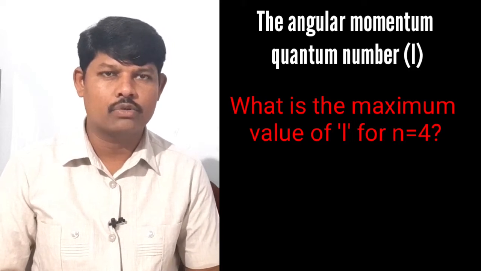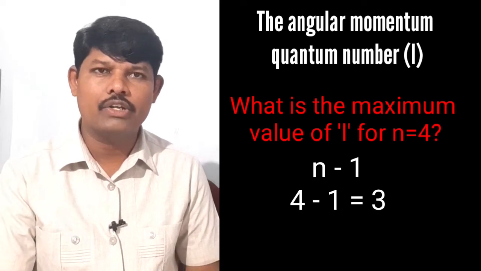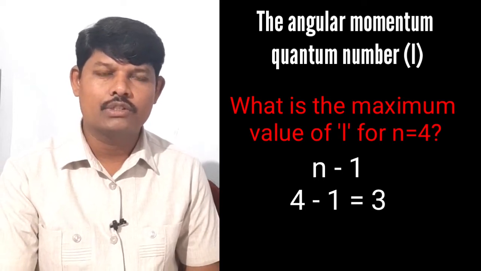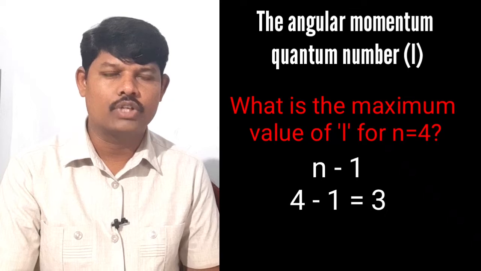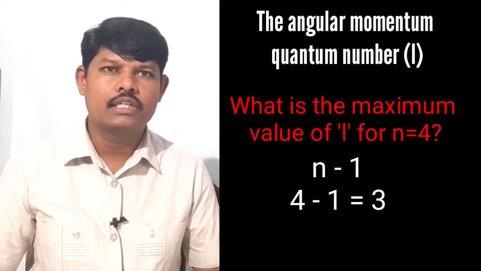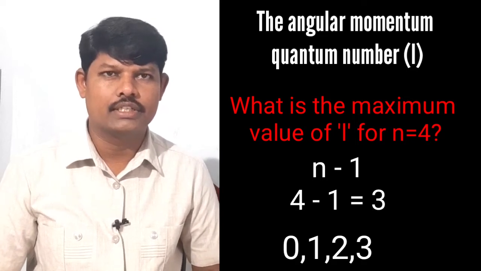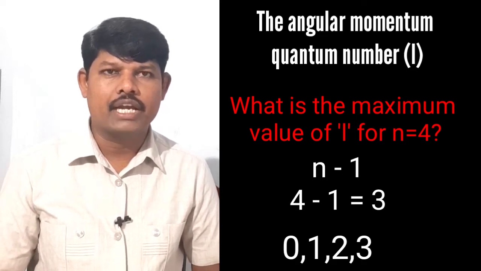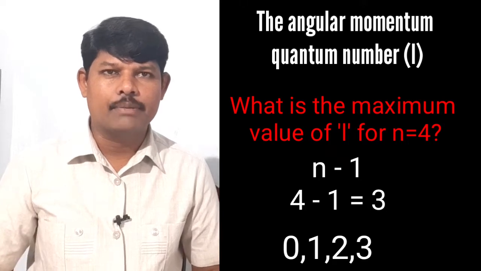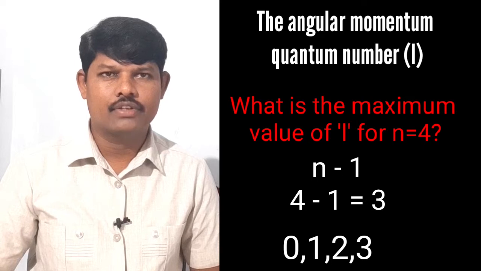What is the maximum value? n minus 1. What is the n value here? 4. So 4 minus 1 is 3. Starting from 0 to 3 we count 0, 1, 2, 3. That means if n is equal to 4, the maximum value of l is 3.